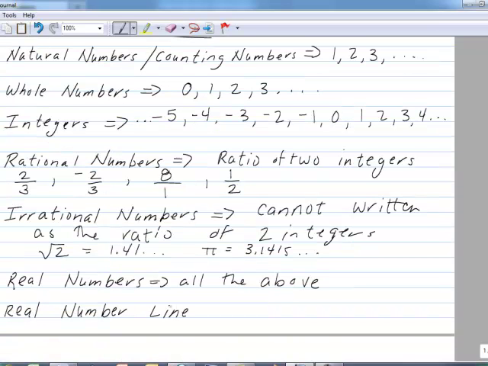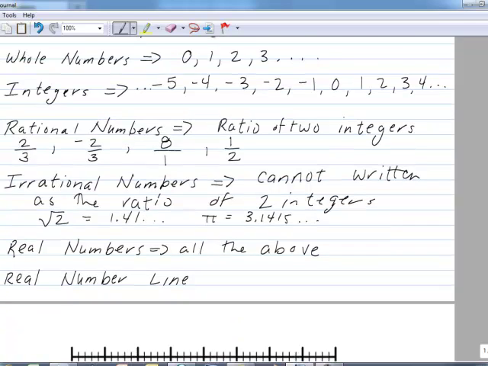Anything that is a real number can be placed on a real number line. Natural numbers, whole numbers, and integers are all rational numbers. Rational numbers and irrational numbers together make up the real numbers.